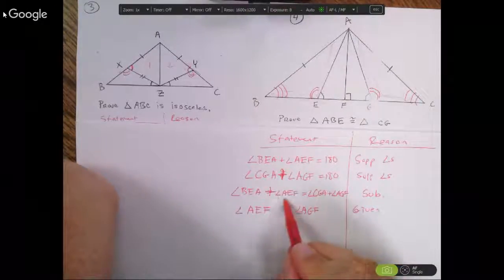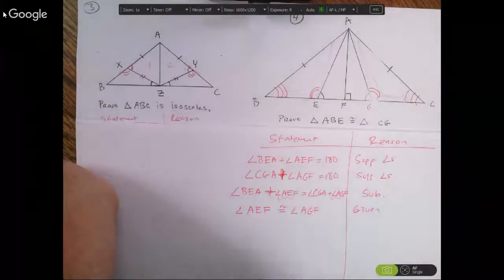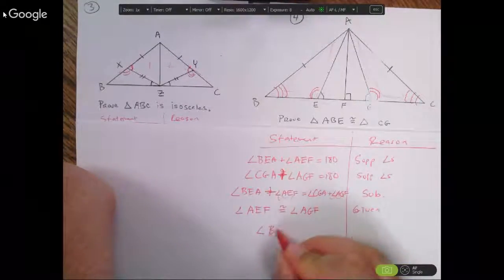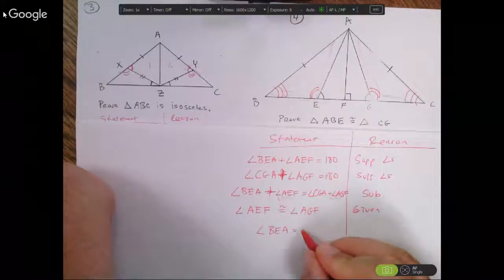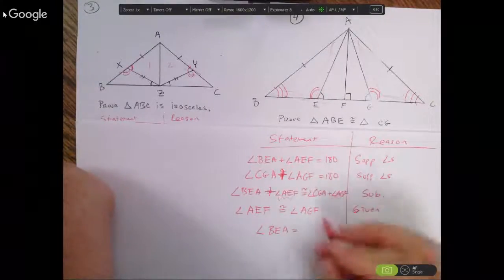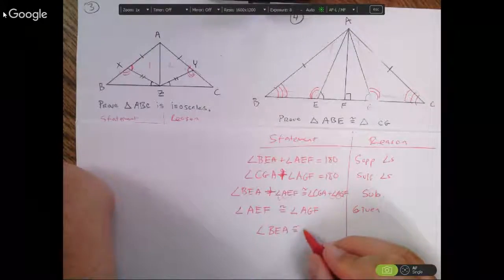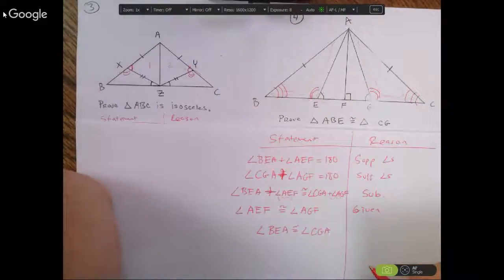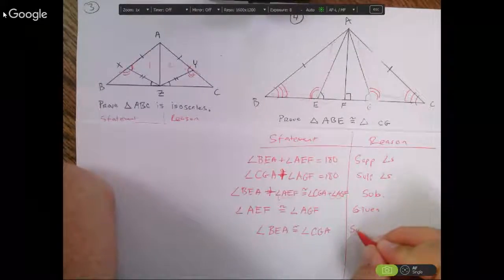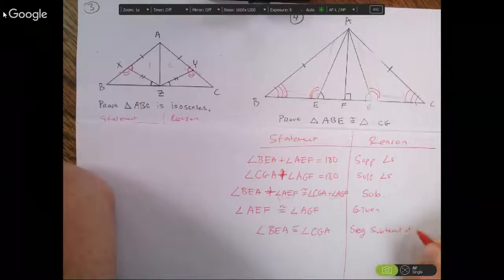Now that I've said that this is congruent to this, then if those are the same, I can subtract it from both sides and get angle BEA is congruent to angle CGA, and I would say that's subtraction of congruent angles.